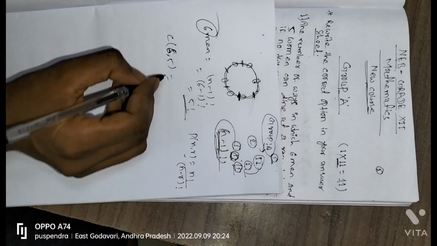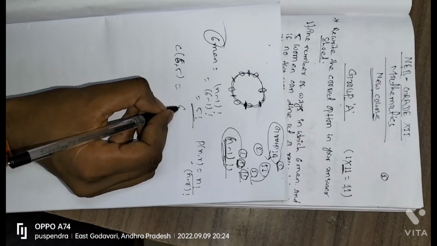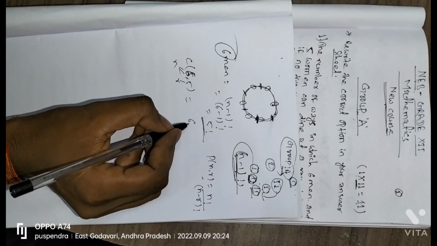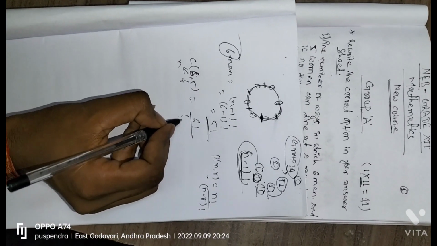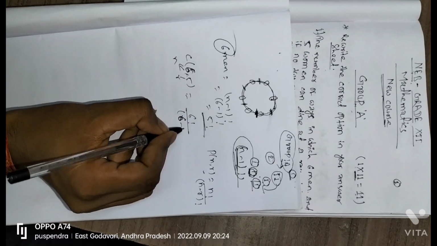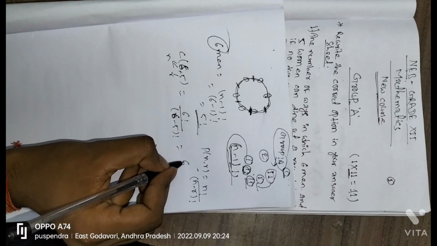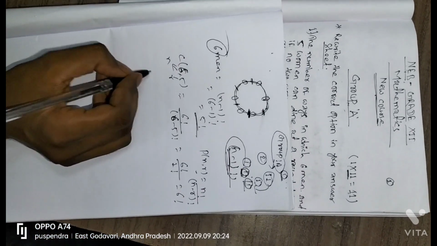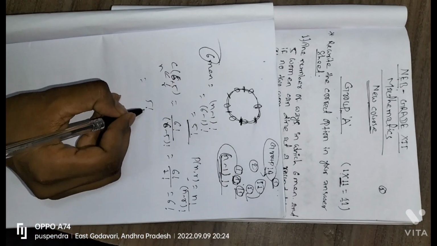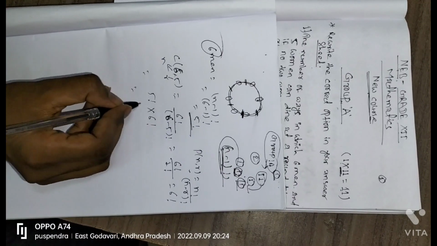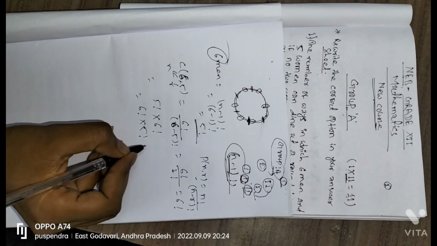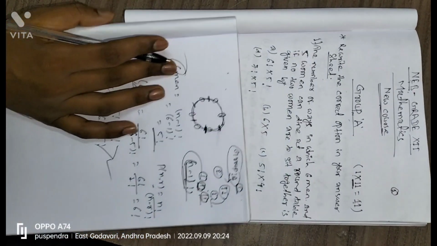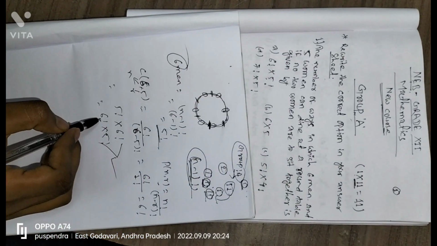We use this formula here. Here n is 6 and r is 5. So 6 permutation divided by (6 minus 5) permutation, which is 6 permutation divided by 1 permutation, means 6 permutation. Means our answer will be 5 permutation into 6 permutation, or we can write 6 permutation into 5 permutation.